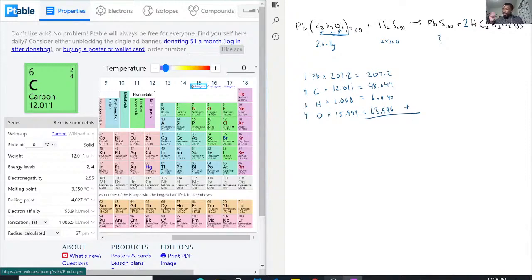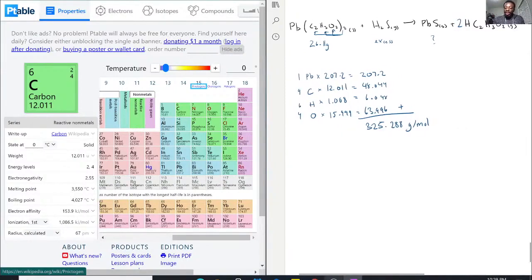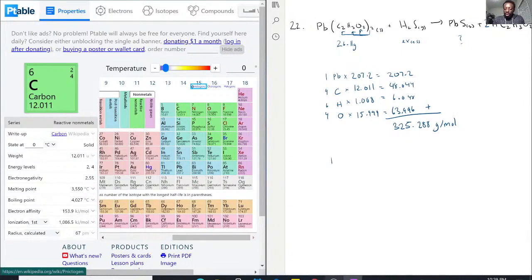So with that being said, we have 207.2 plus 48.044 plus 6.048 plus that 63.996, and we get in total 325.288 grams per mole.